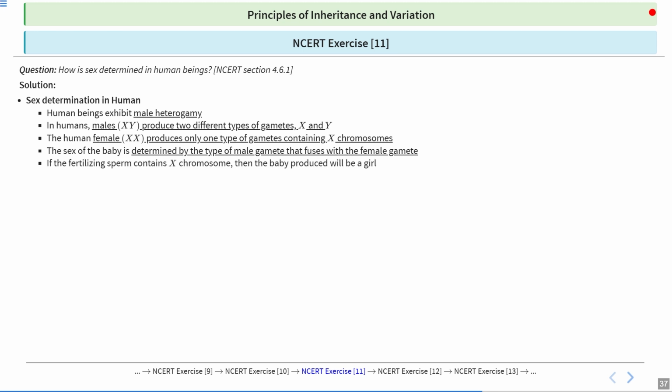Clear? So if the fertilizing sperm contains the X chromosome, the baby produced will be a girl. If the fertilizing sperm carries the Y chromosome, then the baby produced will be a boy. Hence, it is a matter of chance that determines the sex of the baby. There is a 50% chance that a boy will be born or a girl will be born.